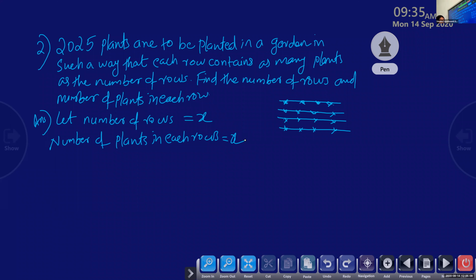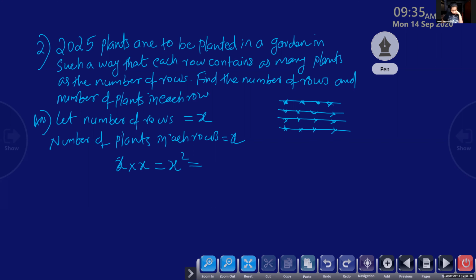And x into x gives x square. Number of plants into number of rows is equal to the total plants given, which is 2025.